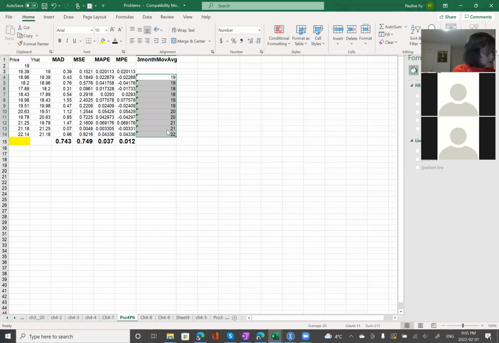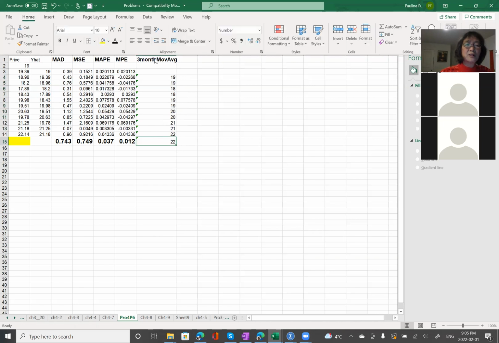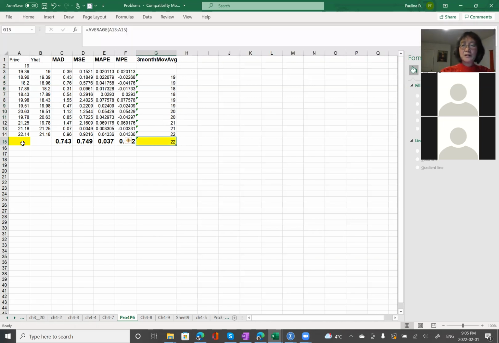And then using 3 months moving average for January, I go 1 cell down, continue moving. Oops, let me redo it. Yes, so the moving average for January is 22. This last number is the answer for this number here. Okay, moving average, 3 months.